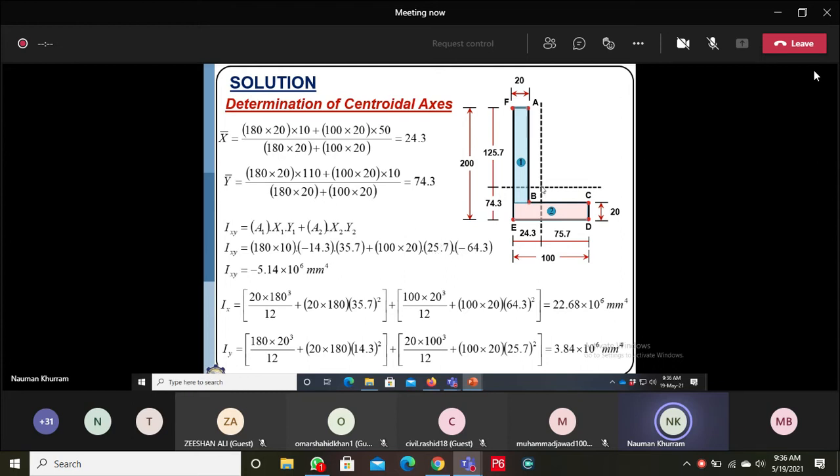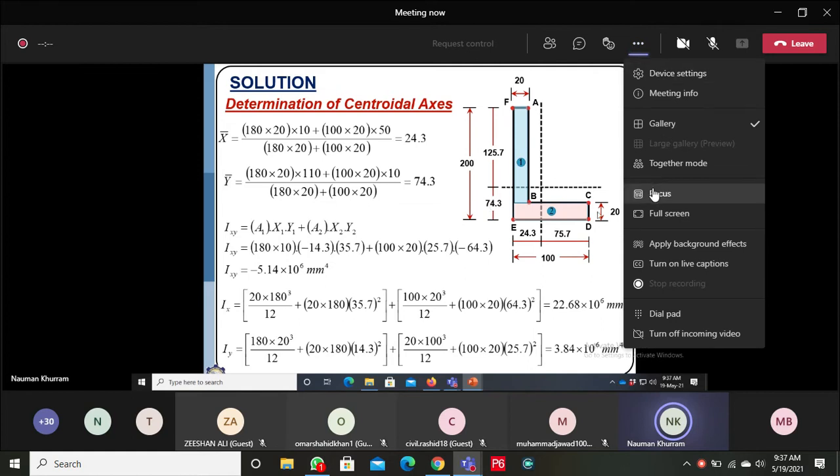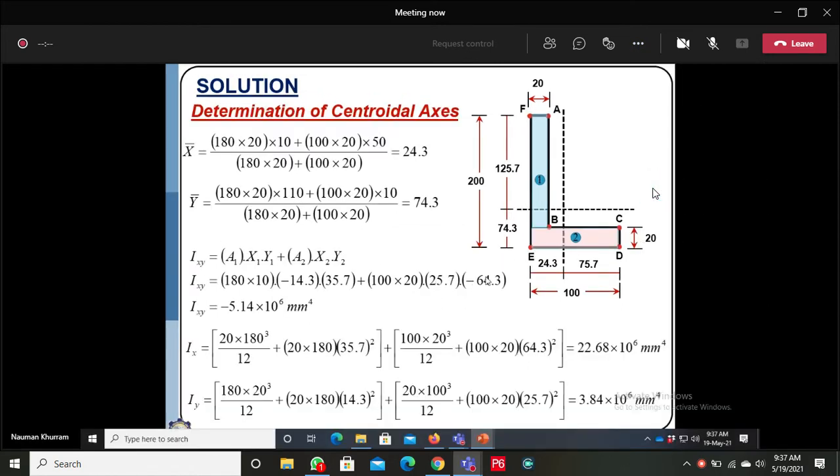And similarly, if we are watching from the top, the y centroidal location of the net area is 74.3. 74.3 minus 10, because the thickness of the angle section is 20, so the centroid will be at half of the thickness from the bottom surface. So 74.3 minus 10 will be 64.3.